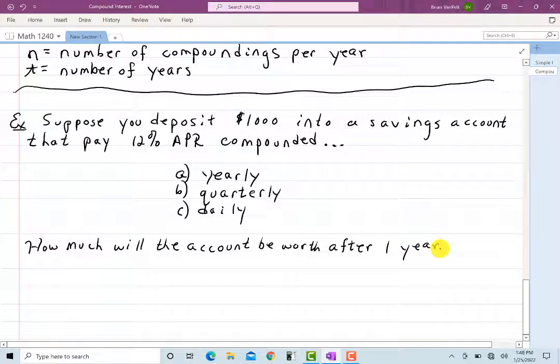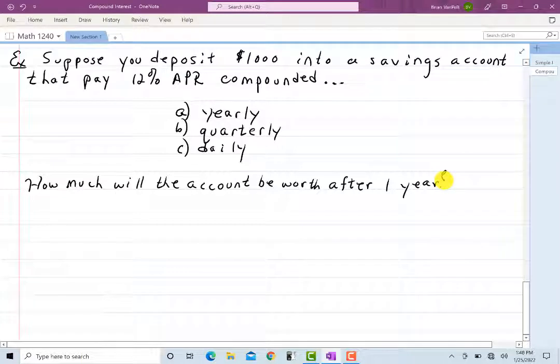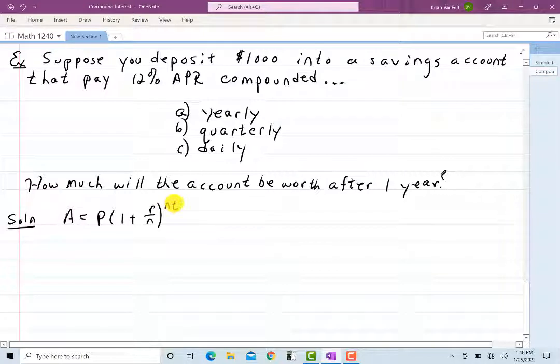And we'll use the formula throughout. So let's see what information we are given. Let me write down the formula first of all. A equals P times 1 plus R over N to the NT. A is the amount that I'm actually trying to figure out, so I'll put a question mark next to that. P, there is our $1,000. R will equal 0.12.